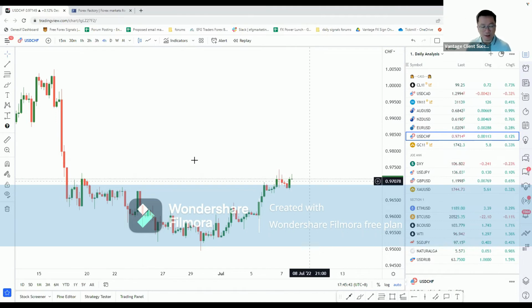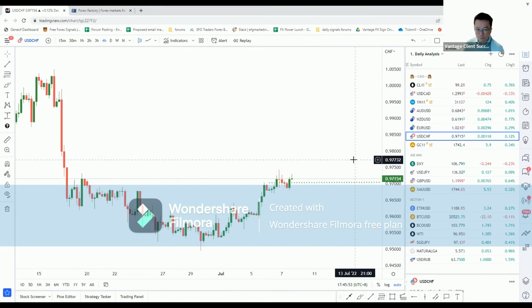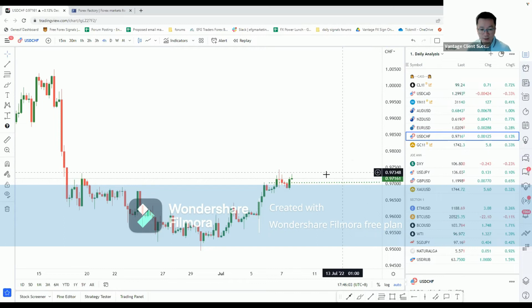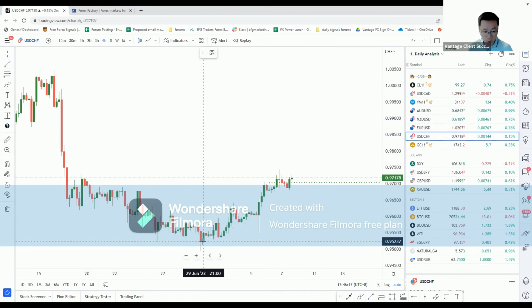What I anticipate at this point is we're going to see it sit at this level, about this 0.97 level, in consolidation, possibly push up a little bit. But I'm looking for any surprises, or if the Swiss National Bank does come out as planned with their rate increase, we could see the Swiss franc push back down towards that 0.9550 or close to that 0.9550 support level.